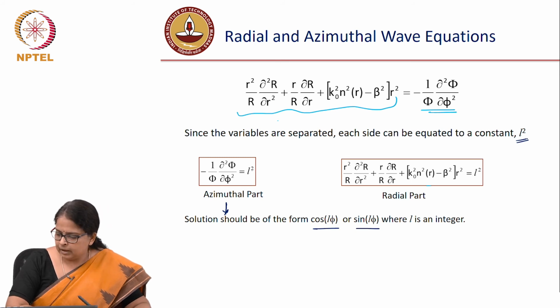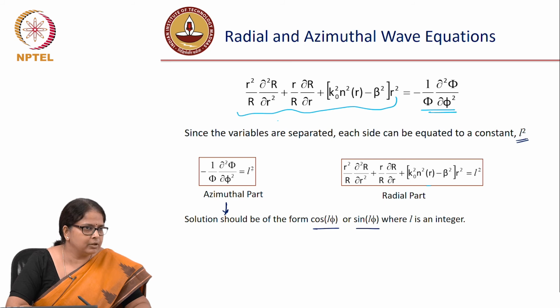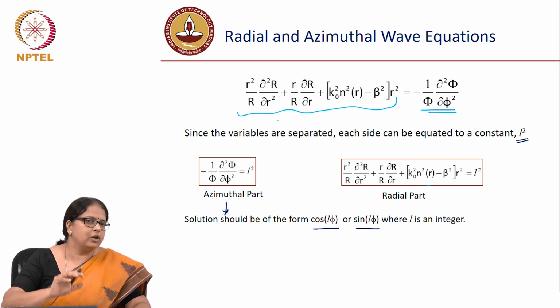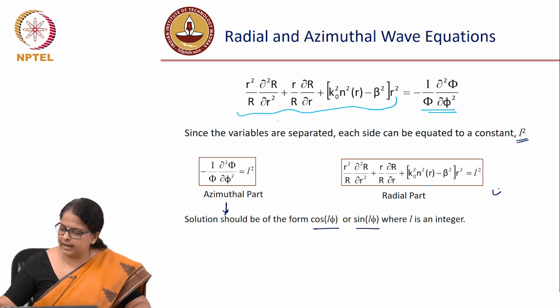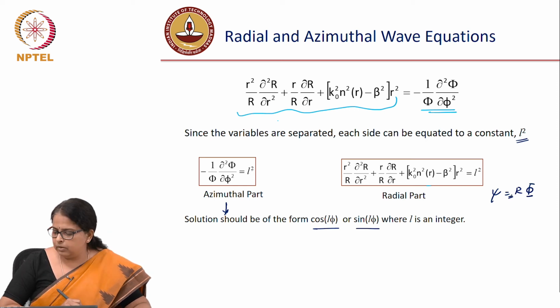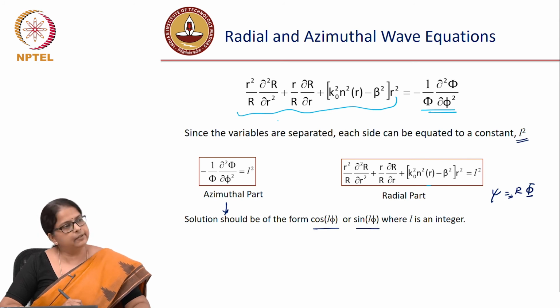Okay. So that is your azimuthal part. There could be a constant, of course, there could be an a cos L phi and a b sin L phi, but all these constants we will put together because your psi itself is r and phi. So you could have a constant here, which I am not writing right now. Now let us pay attention to what is this cos L phi, sin L phi.